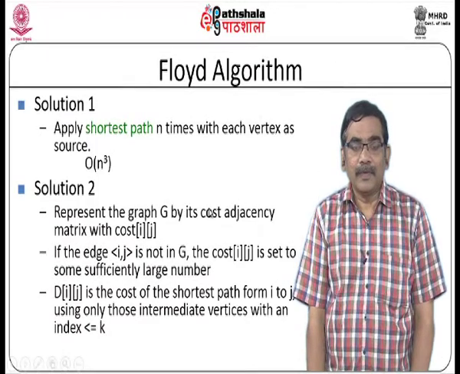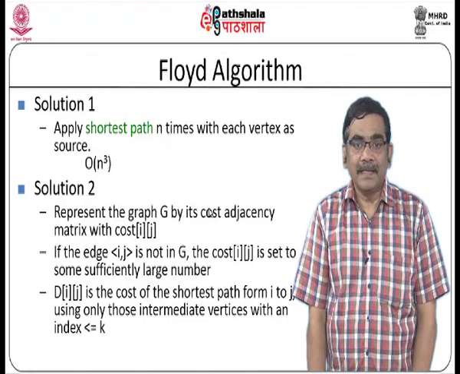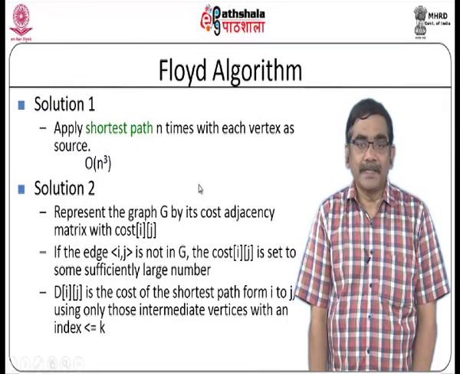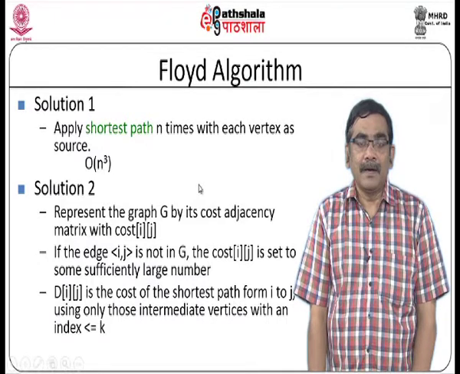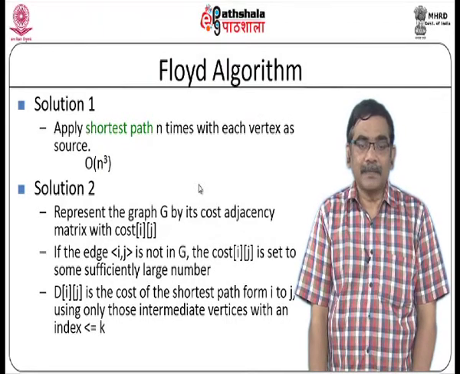Fine, how to find the shortest path? Probably you can recollect that in the greedy method we discussed one algorithm called Dijkstra's algorithm. We can use that, but the problem is that Dijkstra's algorithm will find the shortest path between a source and a destination only.